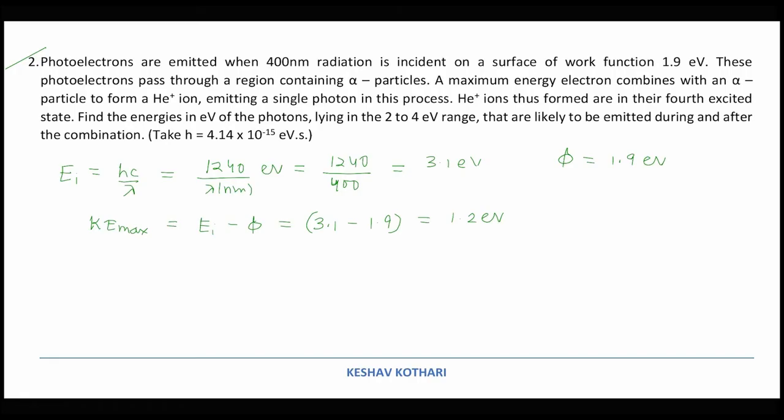Now the question is saying that these photoelectrons pass through a region containing alpha particles. A maximum energy electron combines with an alpha particle to form a He plus ion. So over here I can say that the maximum energy photoelectron combines together with a He2 plus ion and converts it into He plus ion.